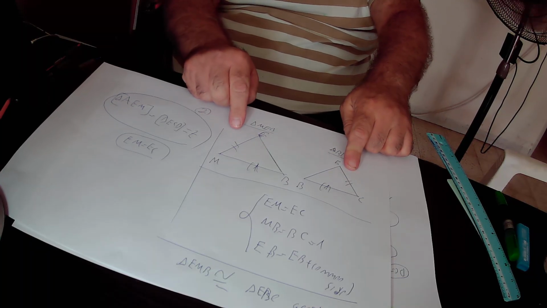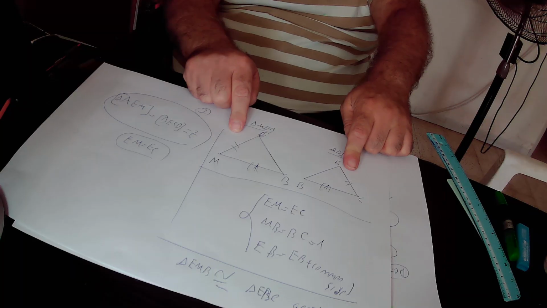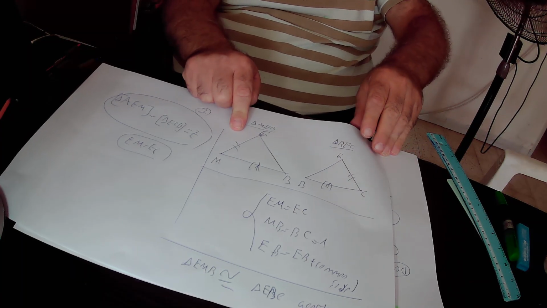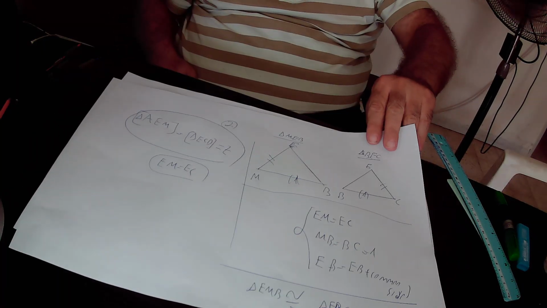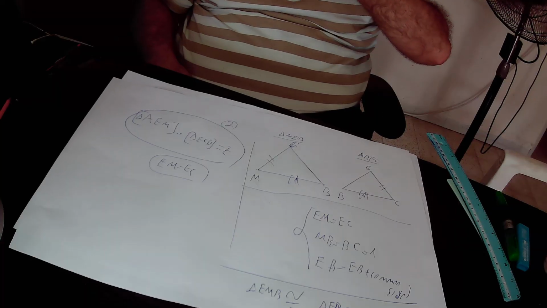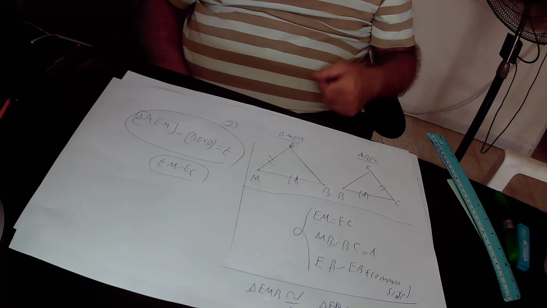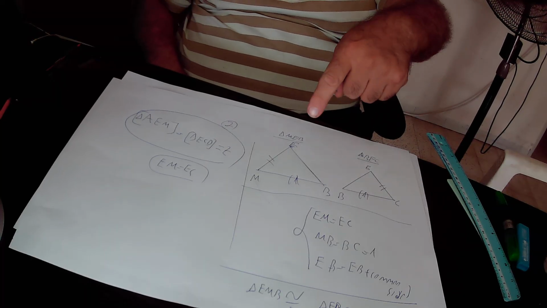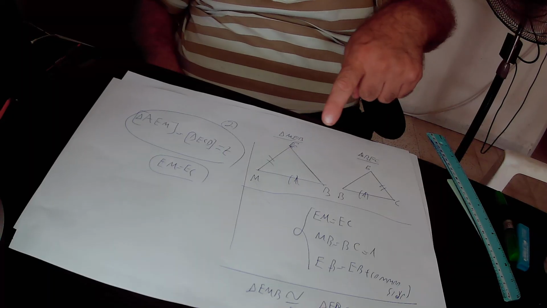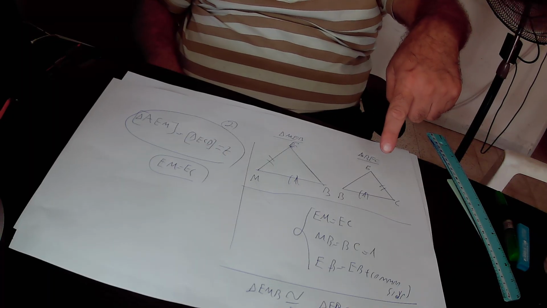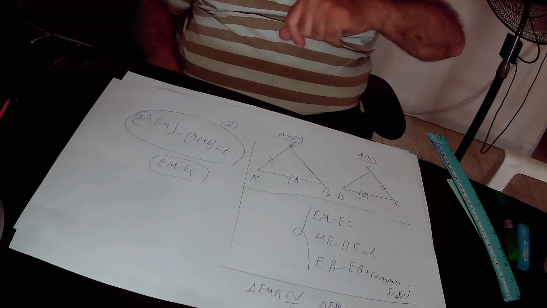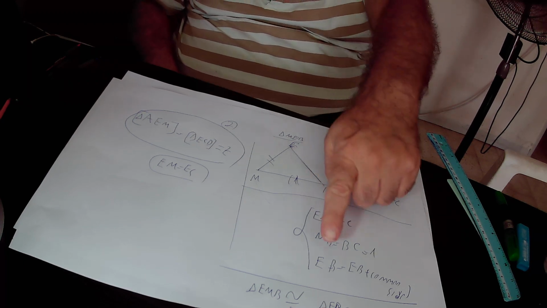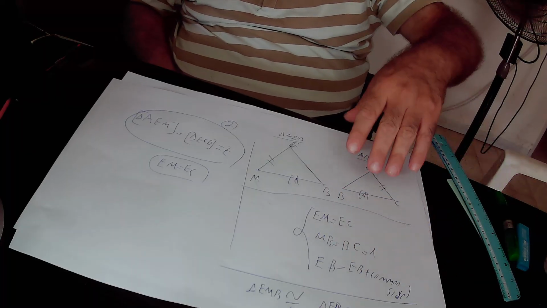In addition, those two sides are also equal to each other according to what we already found out. And side EB is a common side that belongs to both triangles. So we write down that EB equals itself, a common side that belongs to both triangles. So we found out that all the sides in this triangle MEB are correspondingly equal to all the sides in this triangle BEC, and therefore those two triangles are congruent according to the side-side-side rule.